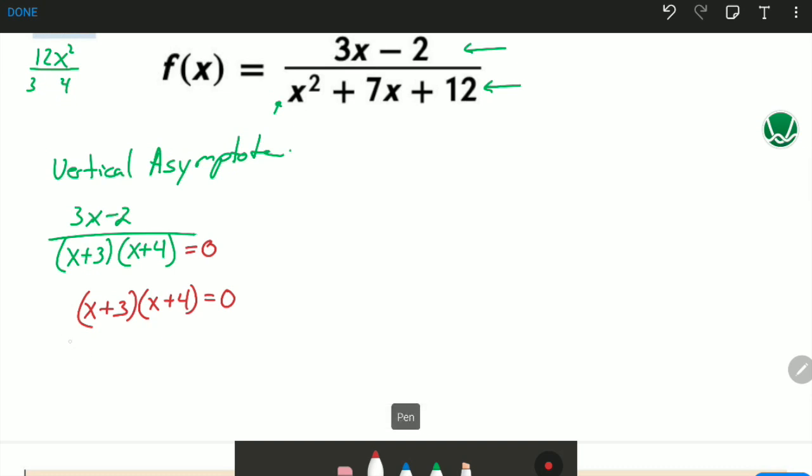We'll use the zero product property to set each factor equal to 0 and solve. So we'll have one vertical asymptote at x equals -3, and the other at x equals -4. Those are the vertical asymptotes.